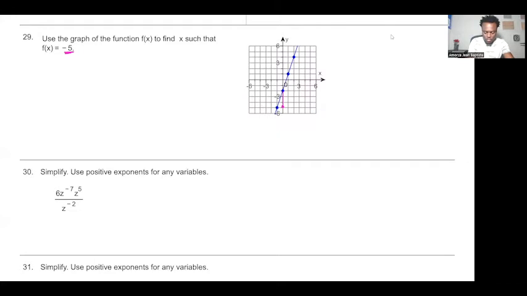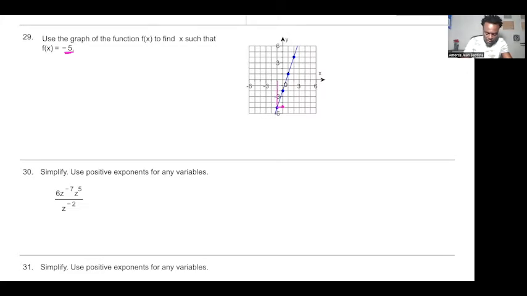So f of x equals -5. I move up and then I touch the graph at this point, and I want to find the x value for which I hit the graph. We go horizontally, touch the graph, and then bounce back to the x-axis.